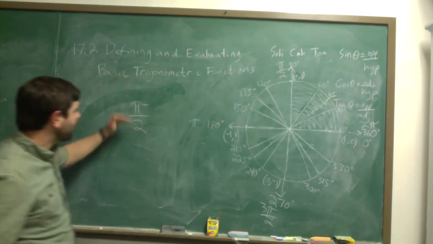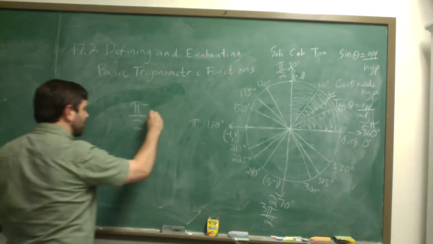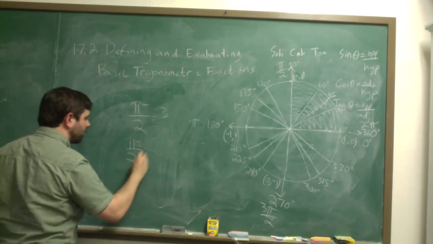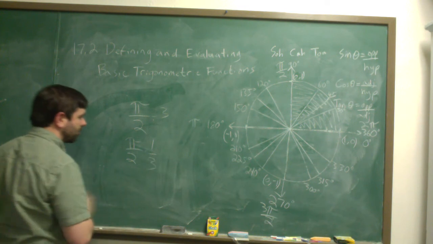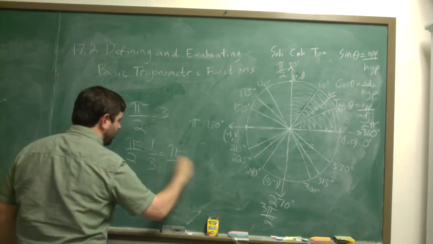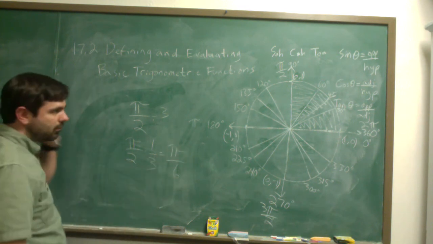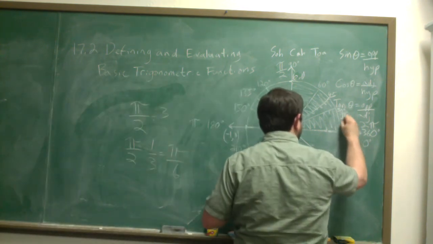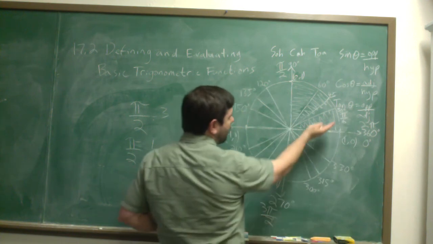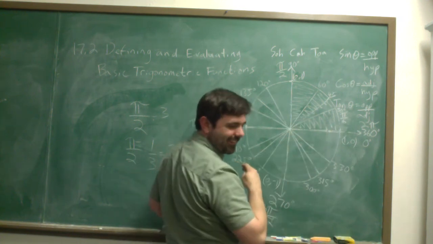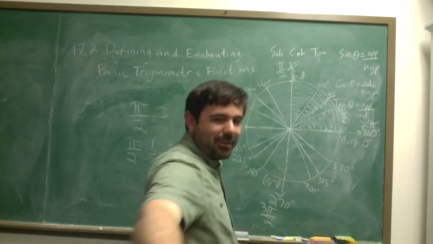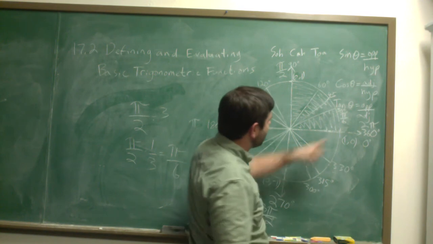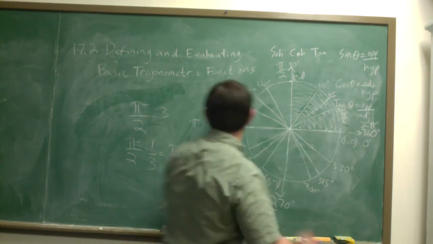So we're going to take pi over 2 and divide it by 3. This is the same as pi over 2 multiplied by 1/3. And that equals pi over 6. So 30 degrees is equivalent to pi over 6. We go to our next angle up, and that'll be pi over 6 plus pi over 6.